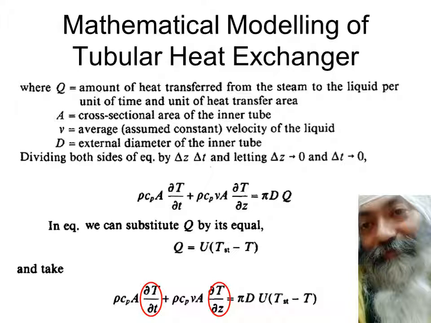Because of these two different terms, this model is slightly different from the rest of the models, because here we are seeing the rate of change not only with respect to time, but also along the length of the tube. That's why it is the distributed parameter system. So if someone asks you what is the difference between the lumped system and the distributed system, this is one of the best examples to elucidate this difference. So this was about mathematical modeling of the tubular heat exchanger.